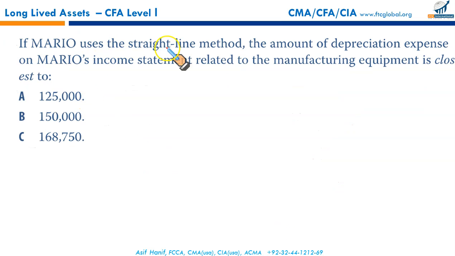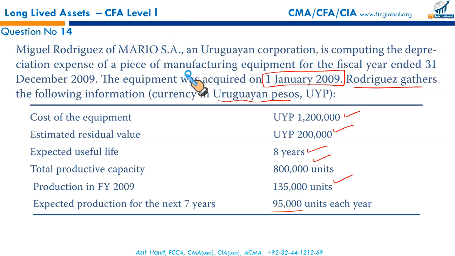If Mario uses the straight line method, the amount of depreciation expense on Mario's income statement related to manufacturing equipment is closest to. Straight line depreciation is calculated using this formula: cost minus residual value upon estimated life.